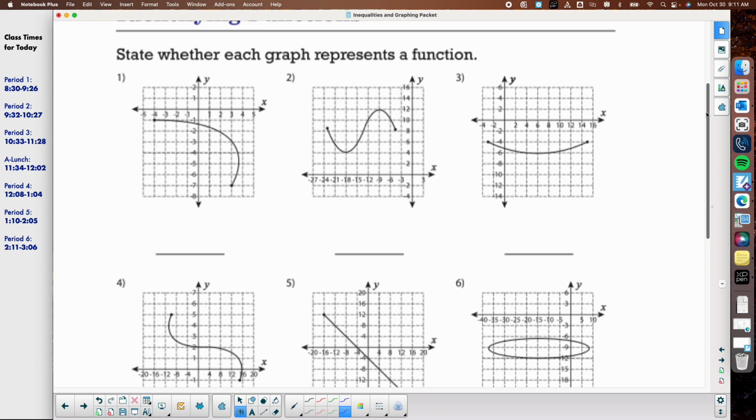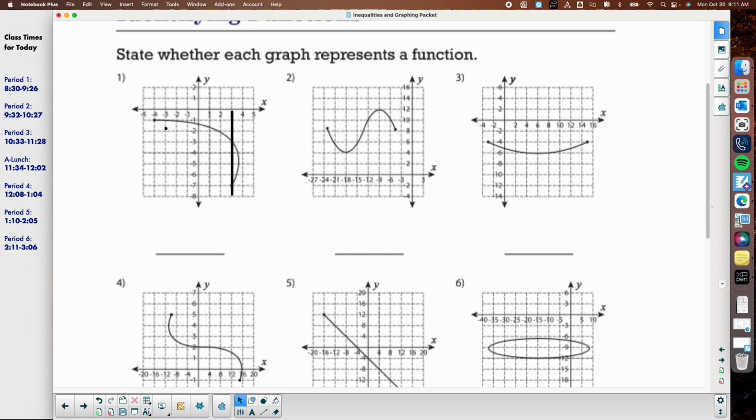And if you're looking at a picture and the graph hits a vertical line more than one time, it is not a function. So on this picture, wait, you know what? Let me just draw a vertical line. Let's be smart. Sometimes we can be smart. Vertical line. So as I move this along the picture, is it going to hit twice anytime? Oop, right here.